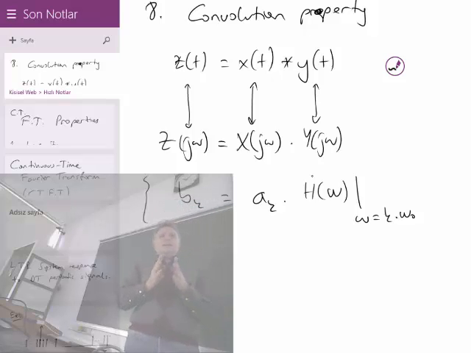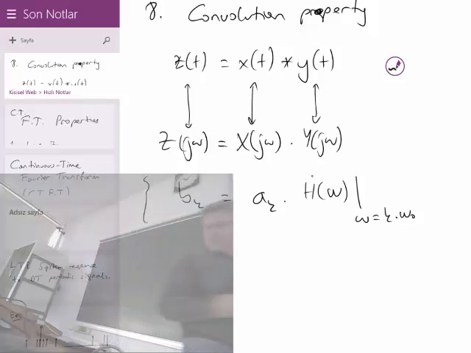And since the frequency separations were discrete in the Fourier series, we don't have all the omegas, we only have k times omega 0 versions: 0, omega 0, 2 omega 0, 3 omega 0, etc. And we were making this multiplication only at those certain discrete sample points.